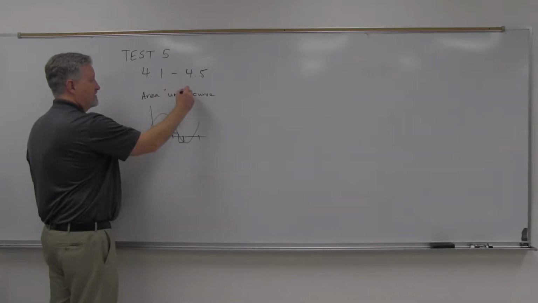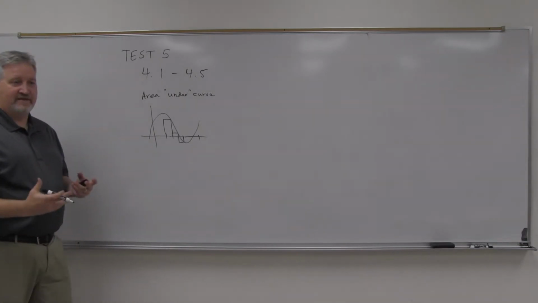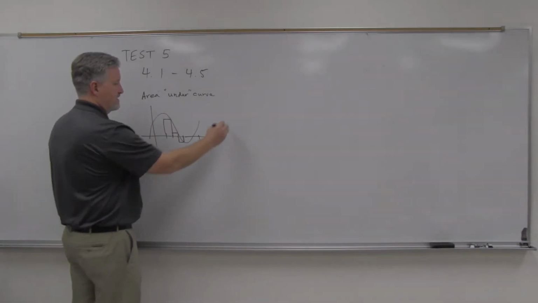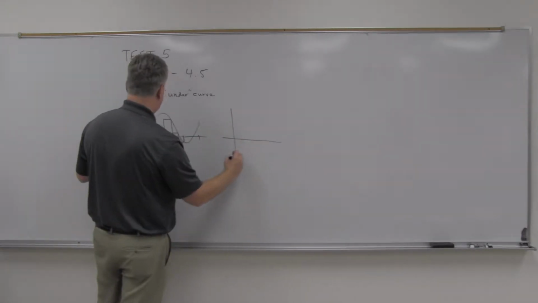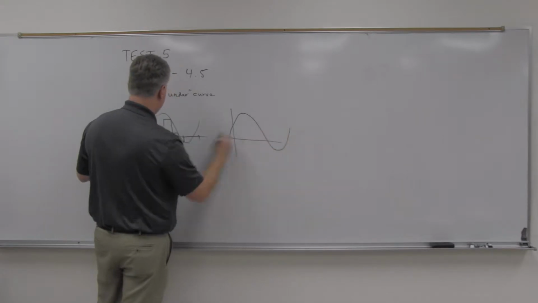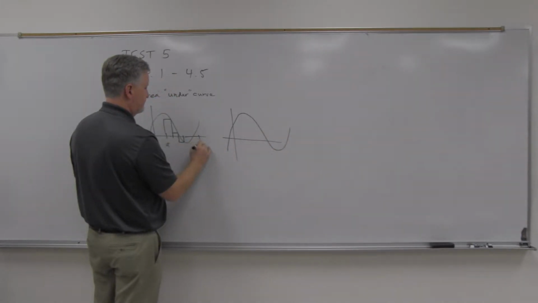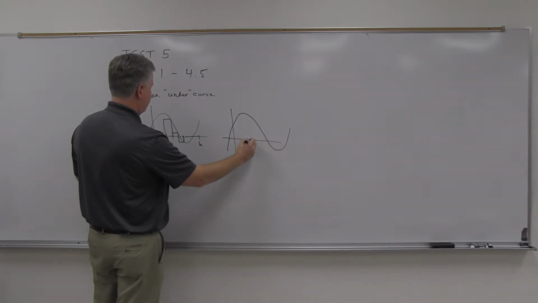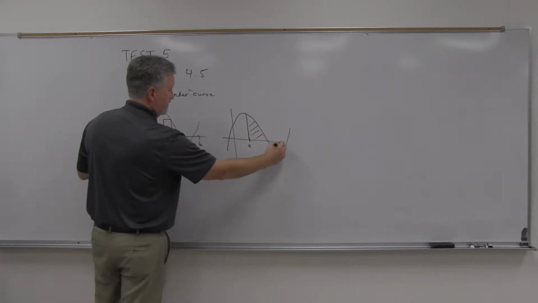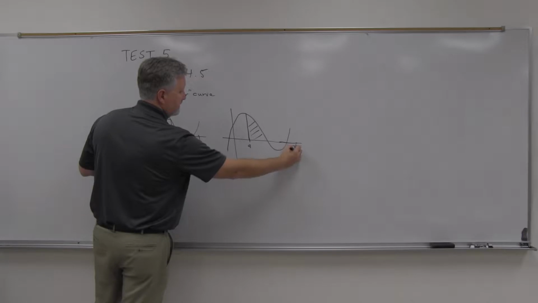We say under the curve, but technically it means between the curve and the x-axis. We're approximating the net area. If I'm going from here to b, what I'm approximating is the area between the curve and the x-axis.